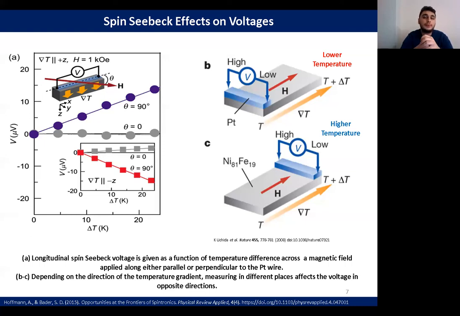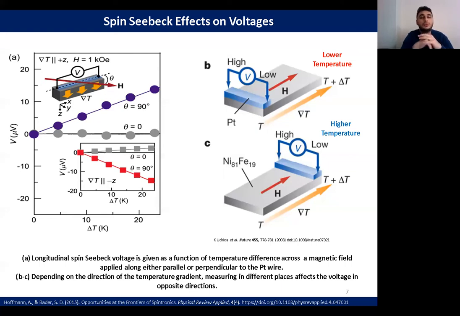For example, at a point where the temperature is low, in the first figure, the voltage taken over the platinum gives a negative result. We can see that the voltage increases linearly with the thermal gradient. On the other hand, if you make the measurement from the high temperature side, we can see that the voltage increases linearly on the positive axis this time.